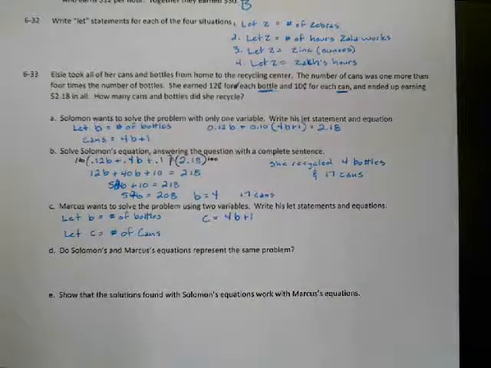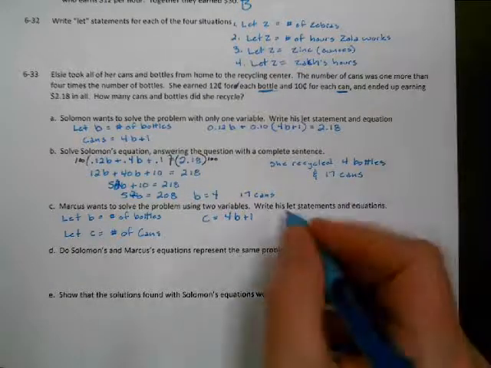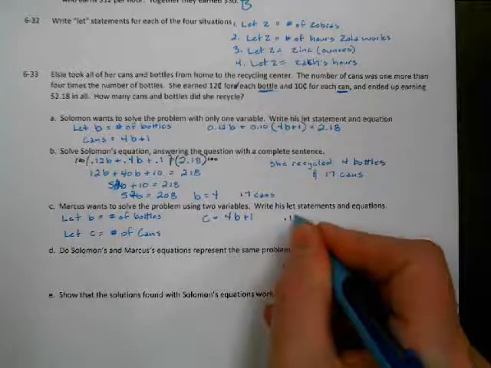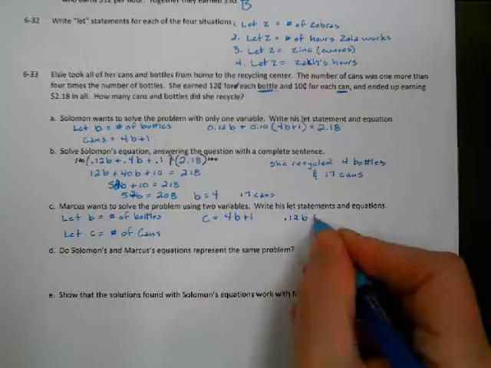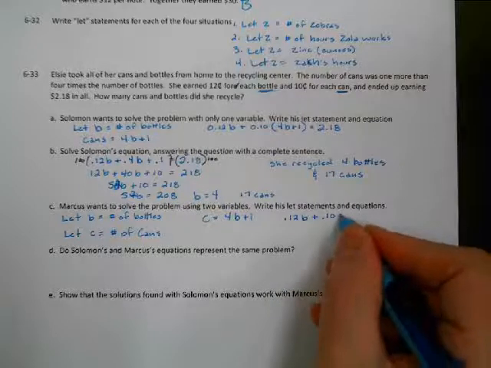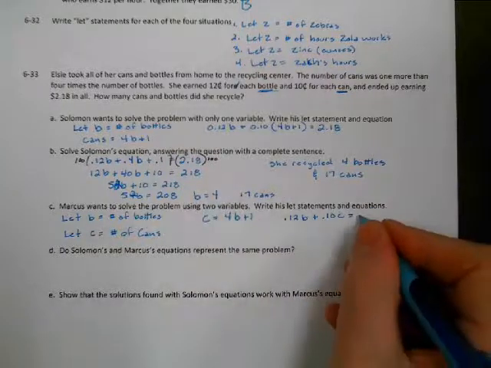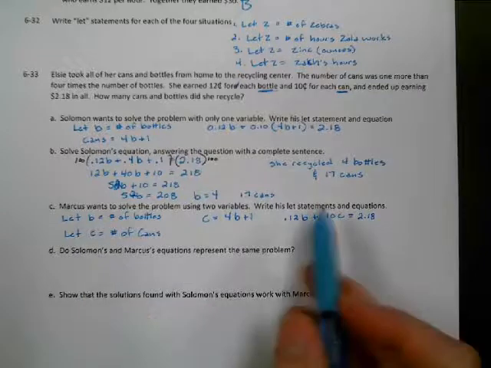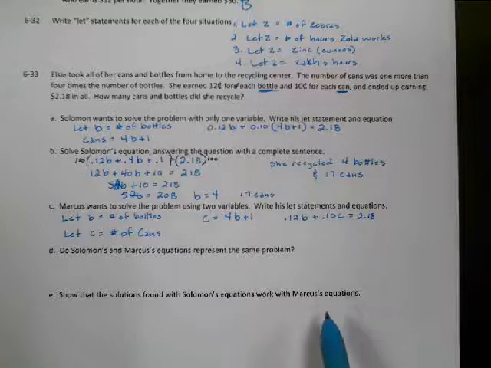Our second equation would then be 0.12 times the bottles plus 0.10 times the cans equals 2.18. So if I have 2 variables, I have to solve it with 2 equations. 1 equation is not enough. There's just too many different answers out there. All right.